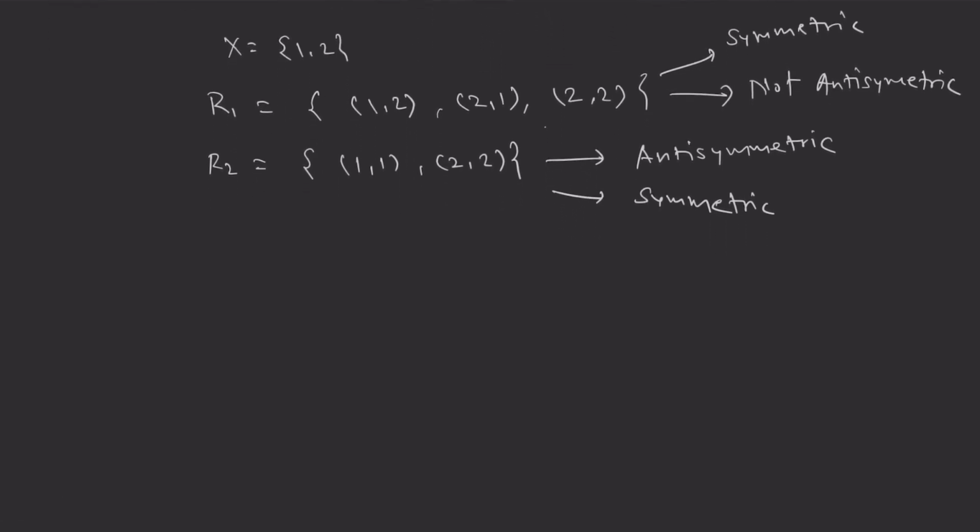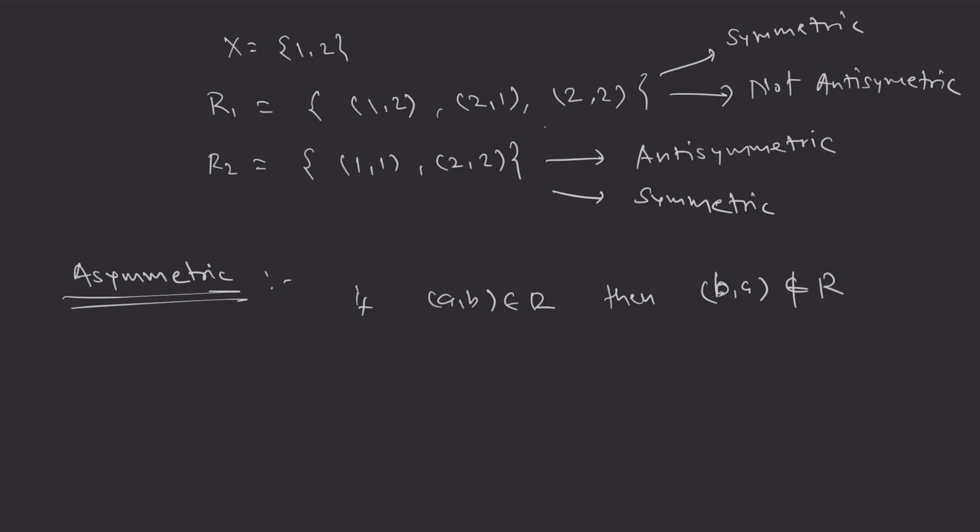Now here is one more, asymmetric. What is this? If a comma b is there, then b comma a should not belong to the relation.